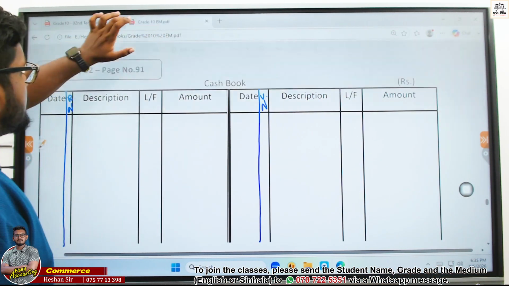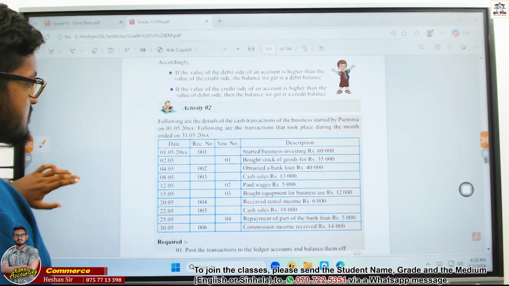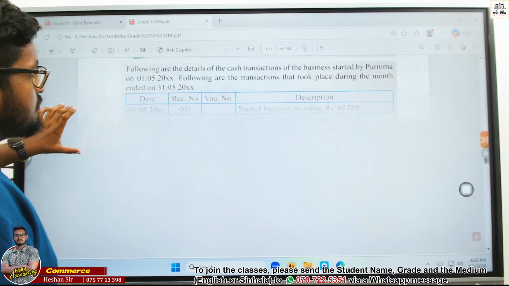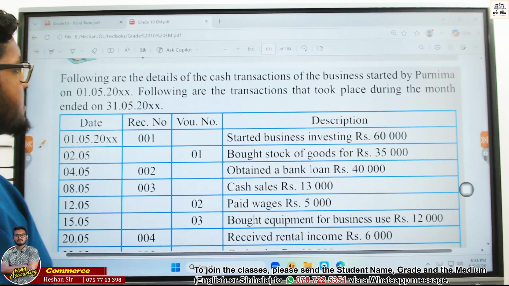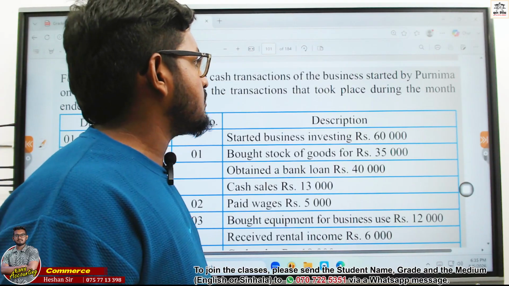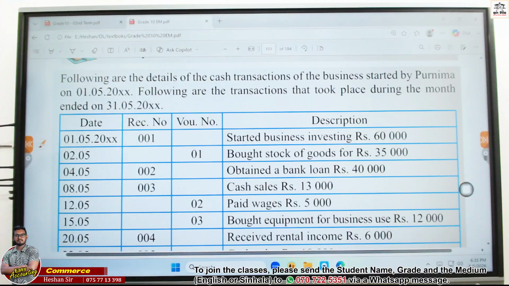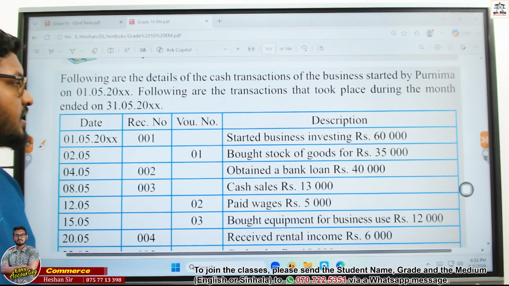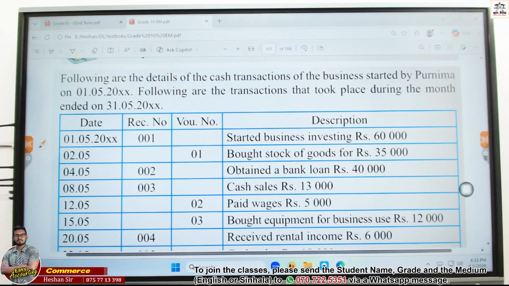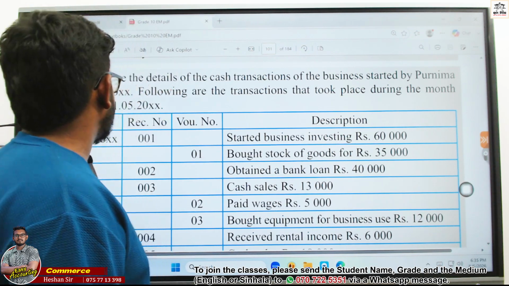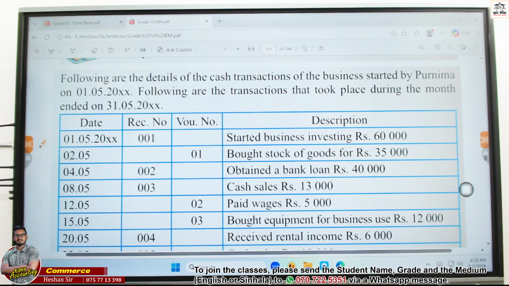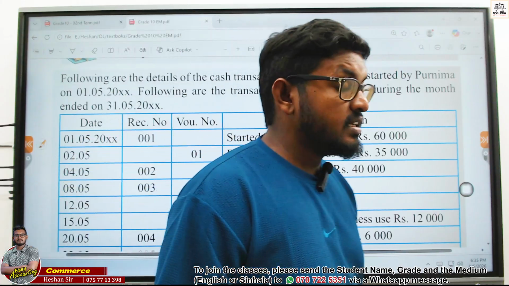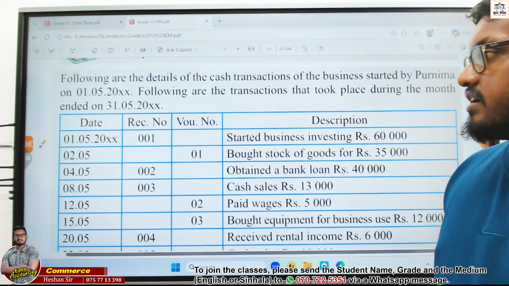Activity 2, page number 91. Come, let's see. Following are the details of the cash transactions of the business started by Purnima on 1st of May 2025. Following are the transactions that took place during the month ended 31st of May 2025. These are May month transactions, right?